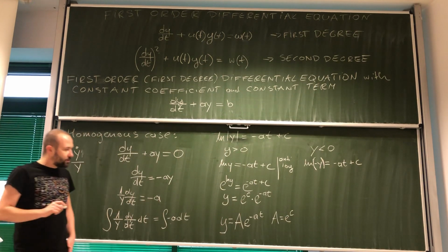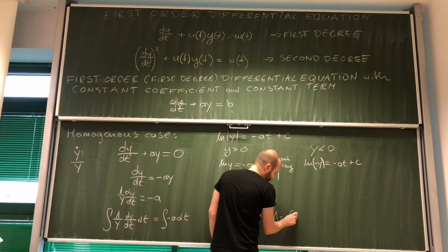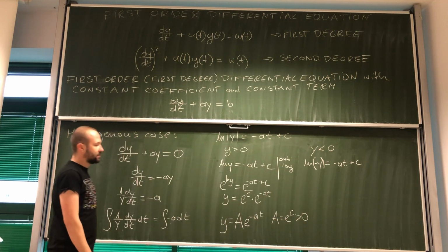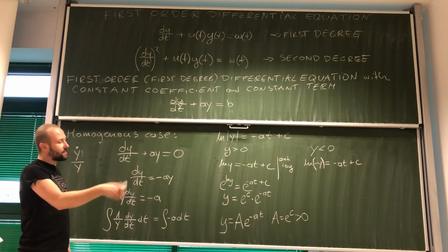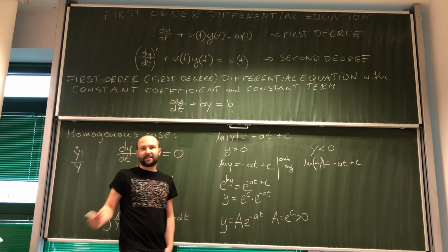And let's notice one simple thing, that in this scenario, of course, A is going to be bigger than 0. Because it doesn't matter to which power I'm going to take e, I'm never going to get 0. Right?